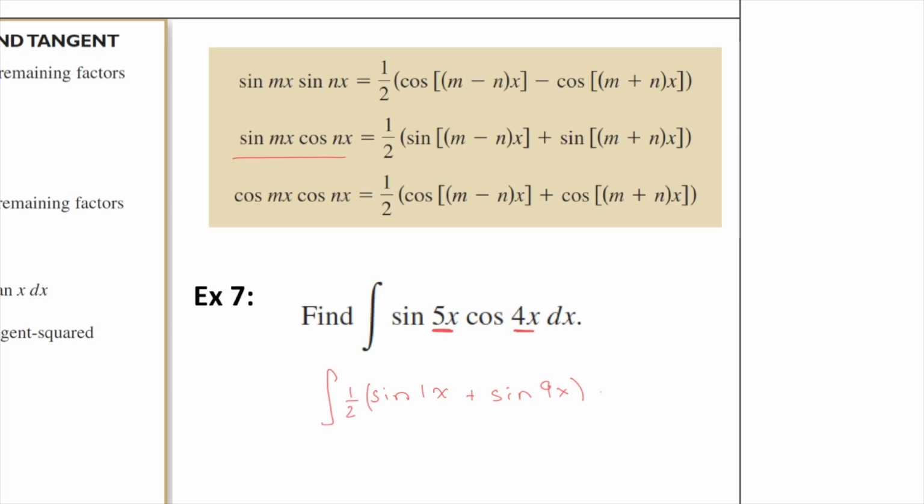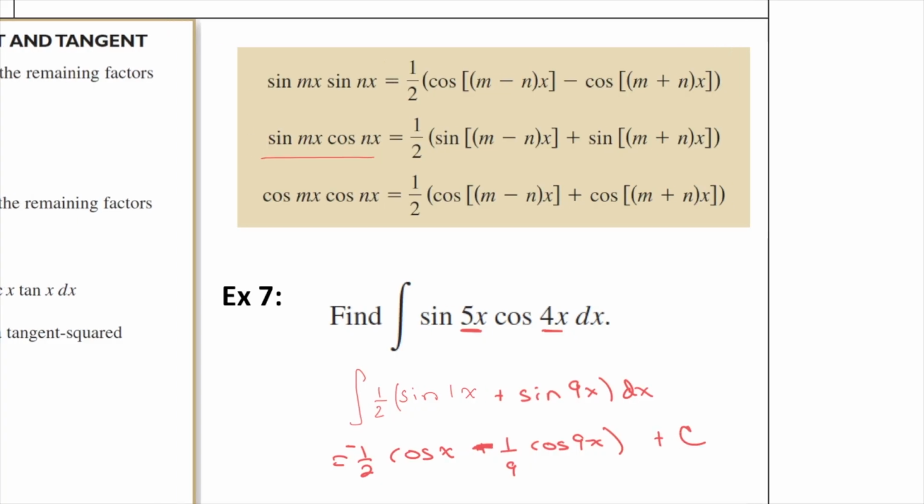Here is my dx, and now the problem is super easy to integrate, because without this, we would not have known how to integrate our problem. So we have 1/9 with a negative. Here's my cosine 9x, and of course, do not forget your plus c.